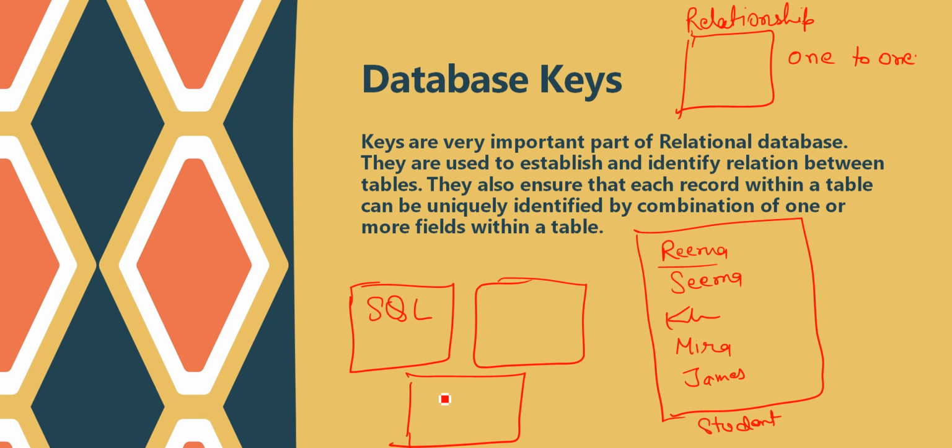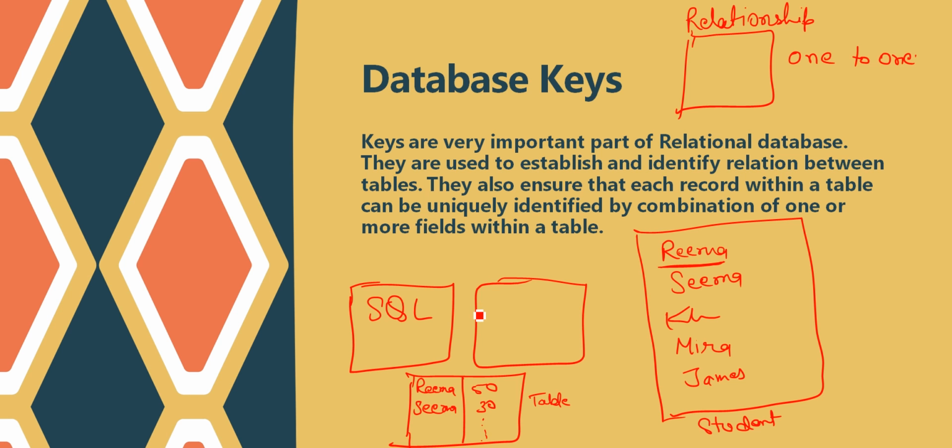Now let's say I want to store that Rima got 50 marks. Then how can I do that? In this table I will say Rima got 50 marks, Seema got 30 marks, and in the same way.